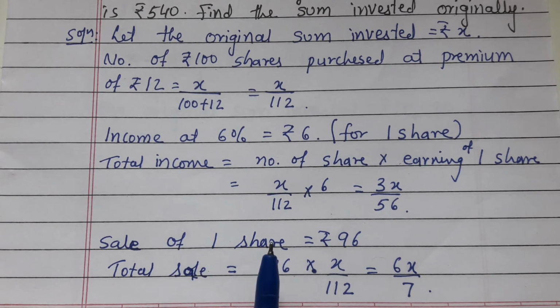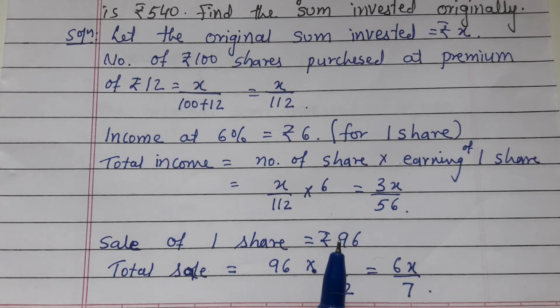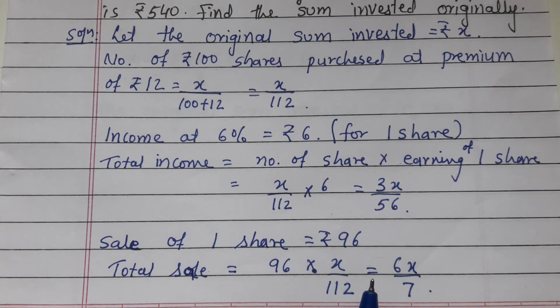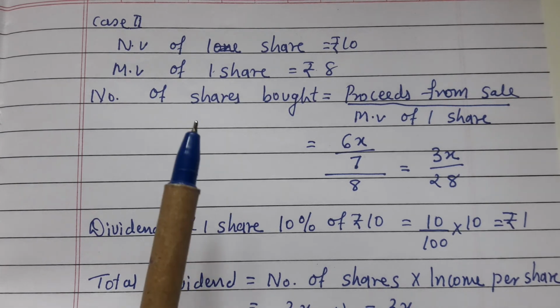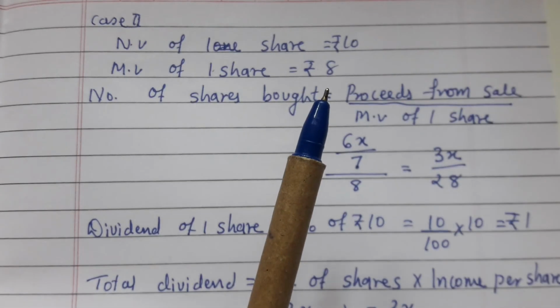Sale price of one share is rupees 96. Therefore total sale is 96 into number of shares, 96 into x upon 112, that is equal to 6x upon 7. Case 2. Nominal value of one share is rupees 10. Market value of one share is rupees 8.